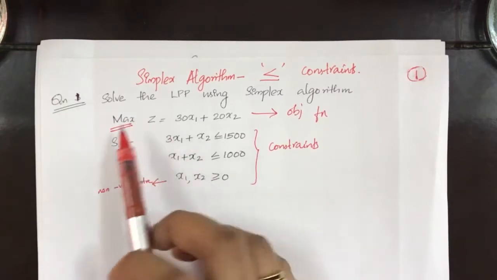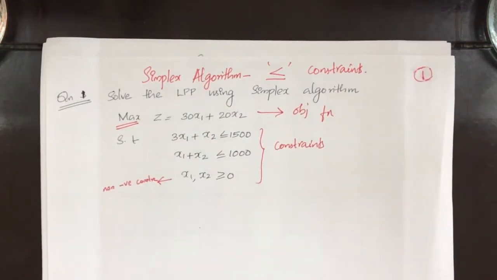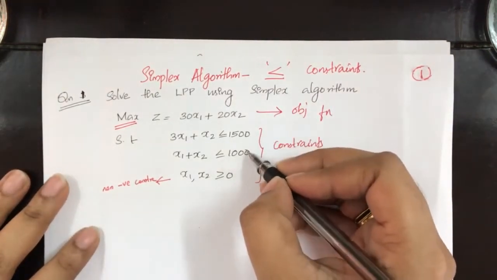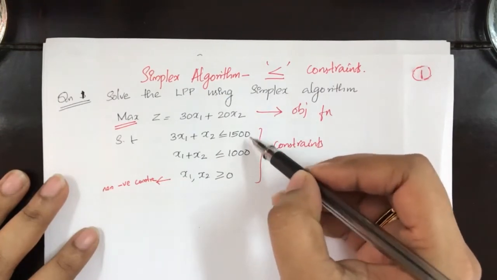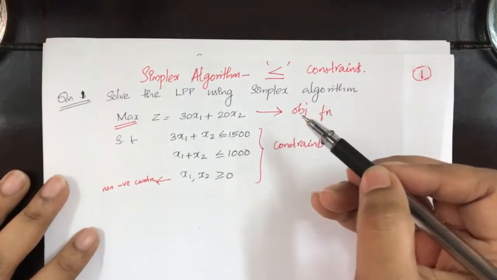Okay, here it is clearly given maximizing. So first we need to convert the inequalities into equations.